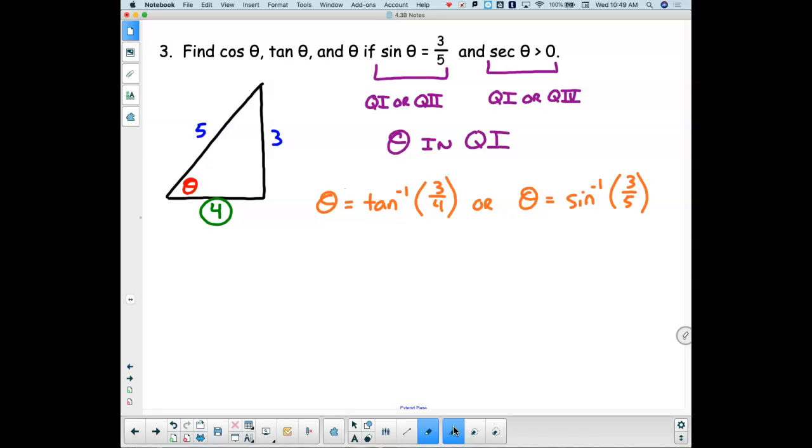Either or should get you the exact same angle. Inverse sine of 3/5 divided by pi. I get 36.8699 degrees. Yes?